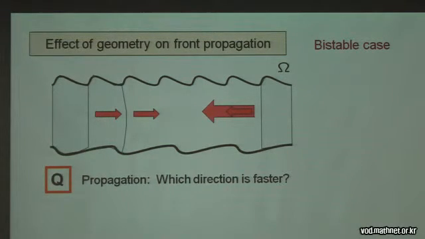So this is faster. Why? As I said, in the bistable nonlinear diffusion equation of this type, where F is bistable, this is monostable. Later, my main focus will be on the monostable case.